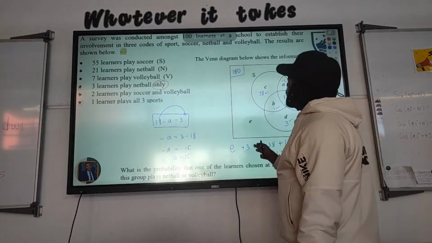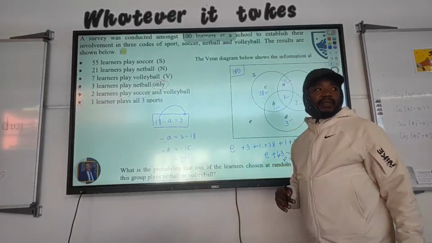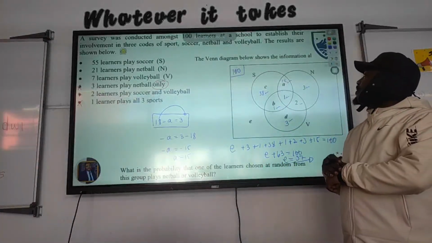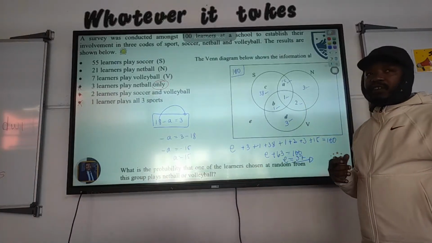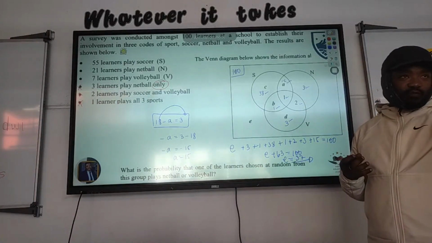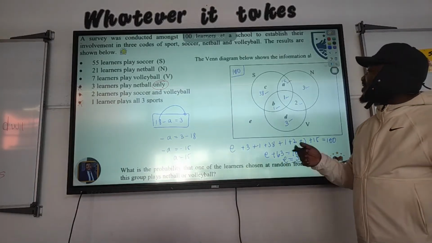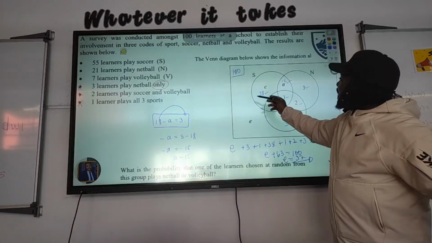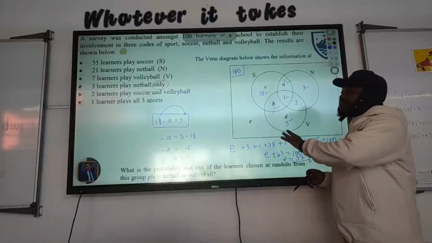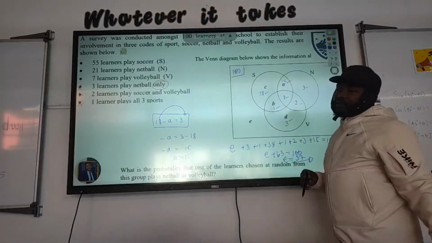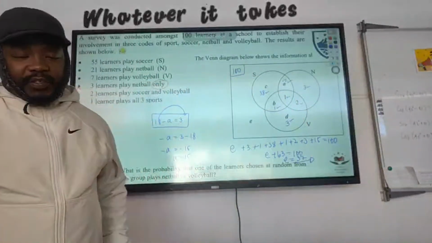So it's very important for you to be able to complete this Venn diagram. I'm saying it again: always start at the center, and if the statement given to you is not written "only," please also subtract the intersection.